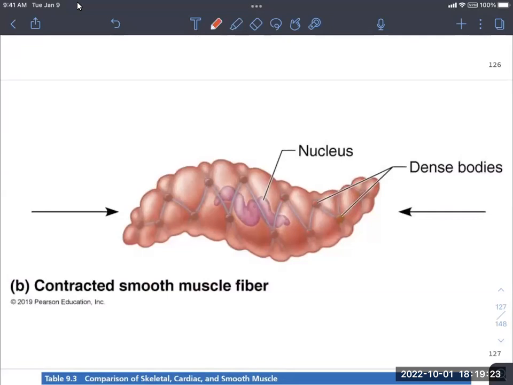This muscle cell has contracted. It went in this corkscrew contraction. And as it contracts, it makes this muscle cell look a little puffy. This is what we were just talking about on the previous slide.